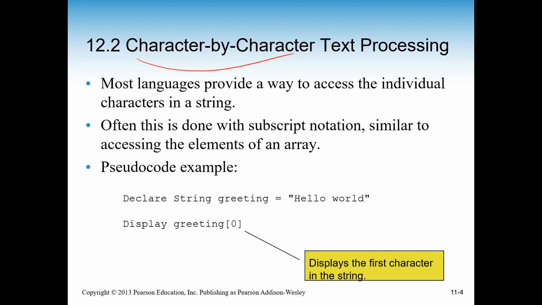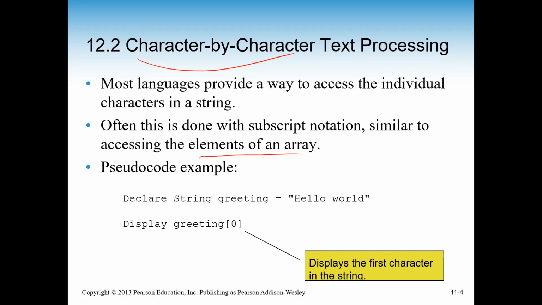Most languages provide a way to access the individual characters in a string, and that's certainly true for Python. Often this is done with a subscript notation similar to accessing the elements of an array, right? And you can always treat a string in Python basically as an array.